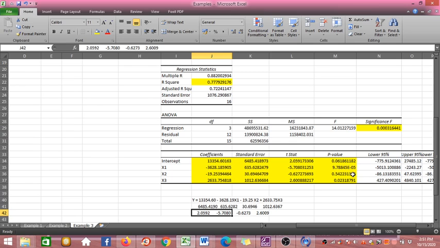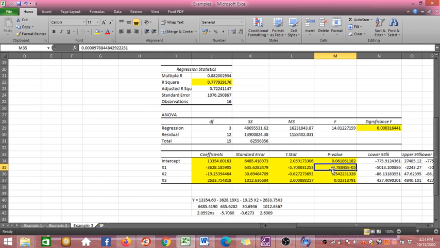Okay, now let's check the significance of the t-stat of our intercept, x1, x2, and x3 based on our p-value. Makikita natin dito na yung sa intercept, yung p-value is 0.06, which is greater than 0.05. Therefore, not significant siya. Next, 9.78845, pero meron tayong exponent dito raised to negative 5. So, our decimal point will move to the left 5 times.